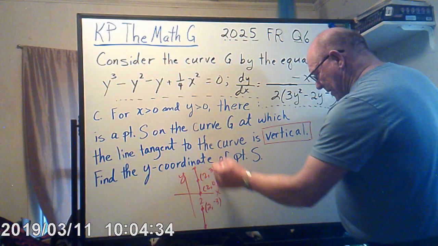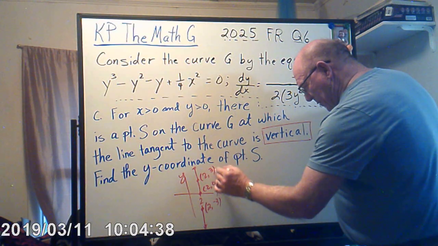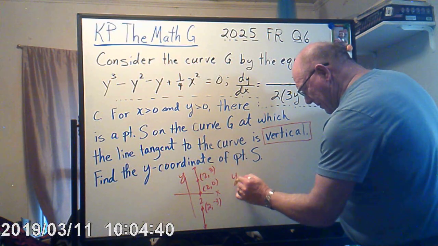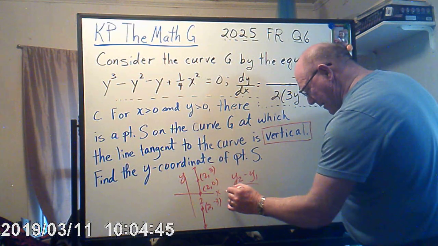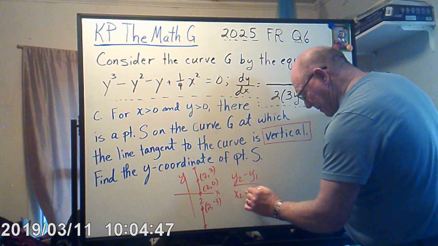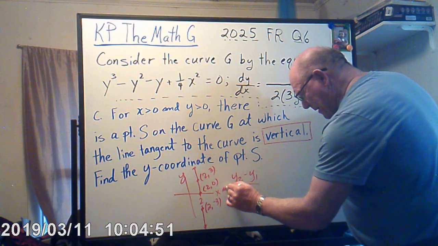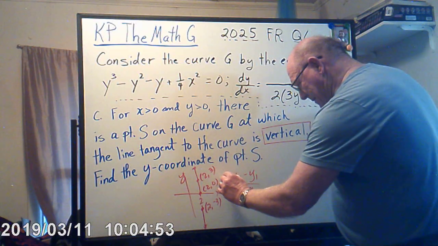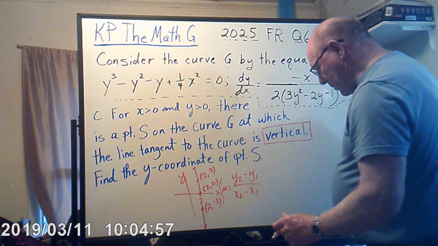So the slope, let's say here, y2 minus y1 over x2 minus x1. That carries us all the way back to algebra times.